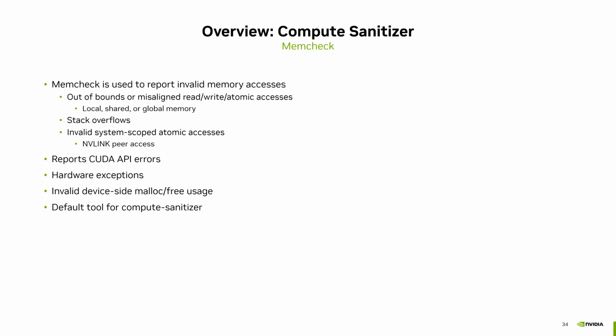This is a lesser known one: if you have a peer access over NVLink, we can detect invalid atomic access to the peer. There are reports for CUDA API errors, hardware exceptions, and invalid device-side malloc free usage. For instance, if you have a double free, the tool will detect that. And this is the default tool for Compute Sanitizer. If you start Compute Sanitizer without providing a tool option, you get MemCheck by default.